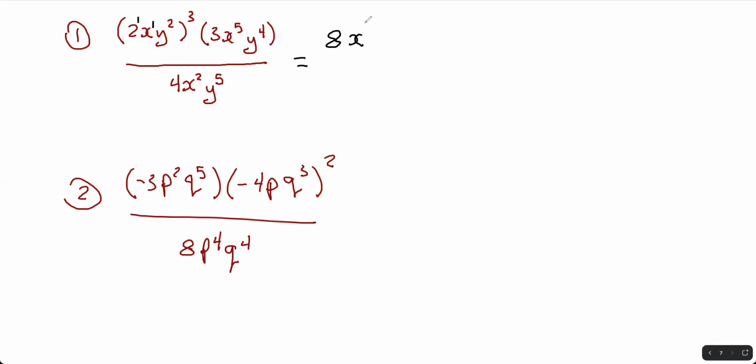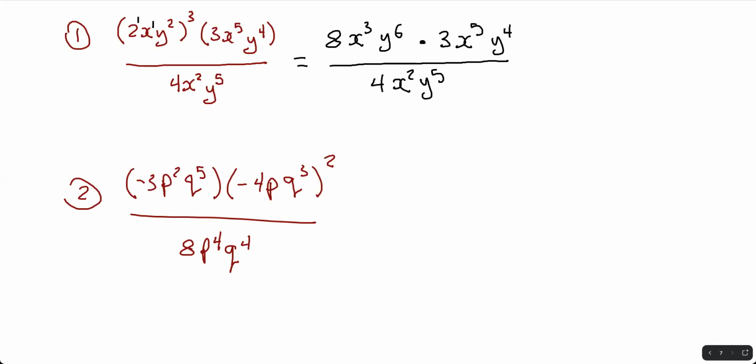And we have x cubed, and 3 times 2 is 6 here, so y to the 6 times 3x to the 5, y to the 4, all over 4x squared y to the 5.